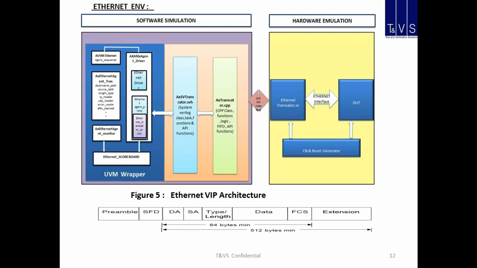So what kind of designs has this SCE-MI been implemented for and used in the field? It can be used for any design. I'm asking for a few examples, just to get an idea of what kind of designs are being tested using this scheme. As we have used it for Ethernet, we can use it for SPI, any other serial protocols, USB.